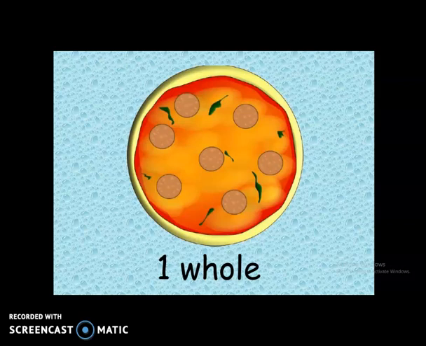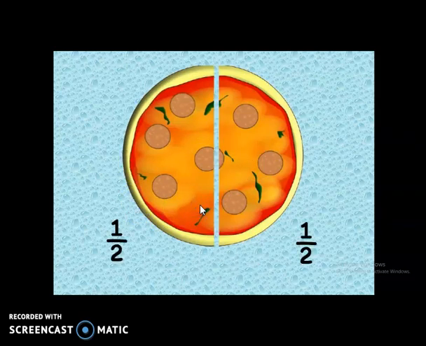So now I want you to pretend that you have your sister with you. Assume that you're just the two of you and you would like to share this pizza. How are you going to share it between the two of you? Okay, so you are going to share it with your sister by cutting it into two.